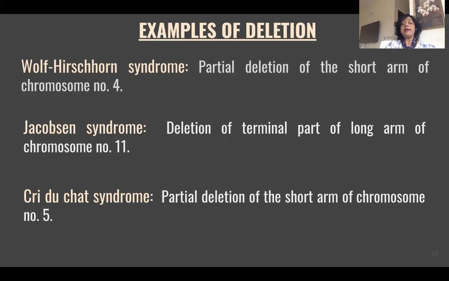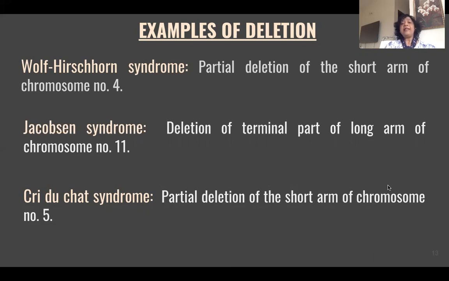Now, these are the examples of deletion. I told you that when deletion takes place, it depends on the size of the segment which is deleted. If a small segment has been deleted, then it carries few genes.